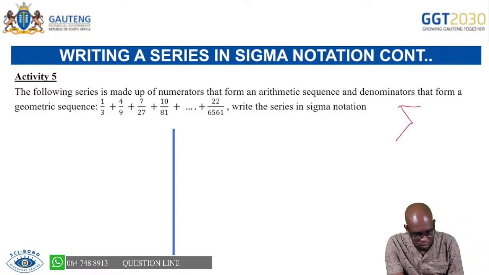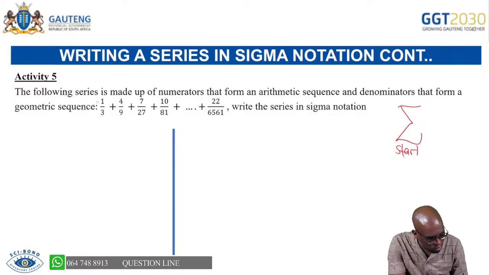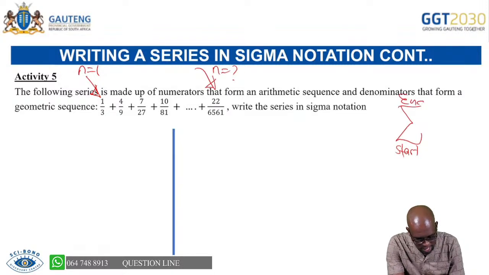Remember, we want to know where we start, and we know that this term here is n equals 1. However, we don't know where we end, and we don't know the nth term.